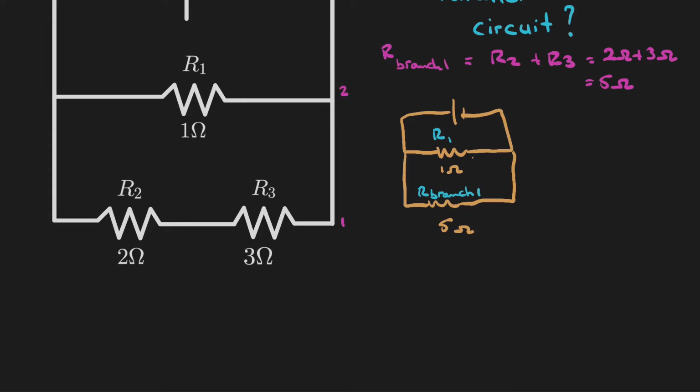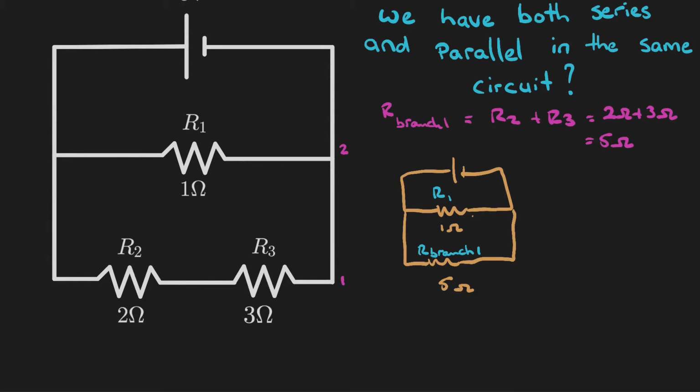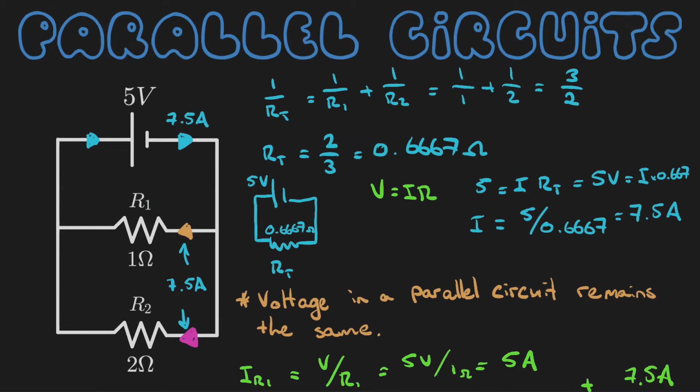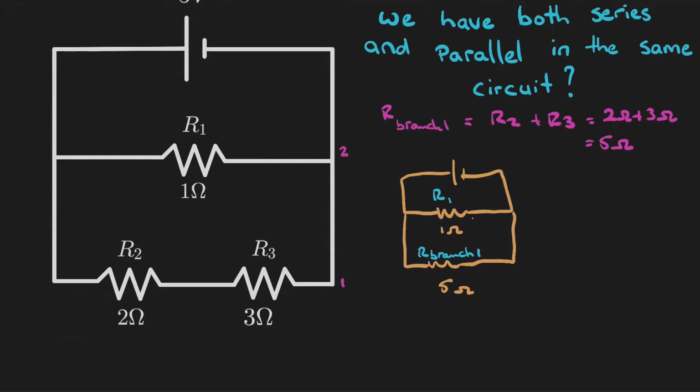So now we need to find out what the equivalent resistance of this circuit is. And that is the same method as we did before, up here. Okay? So we'll be using this formula, 1 over RT equals 1 over R1 plus 1 over R2. Because now it looks exactly like this.